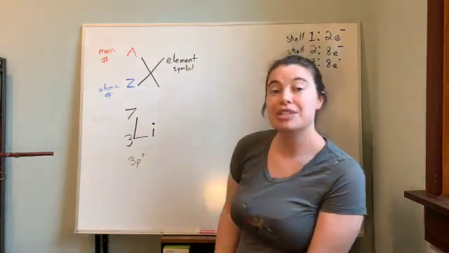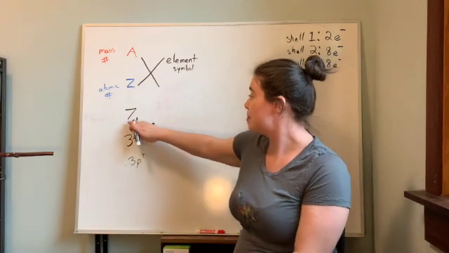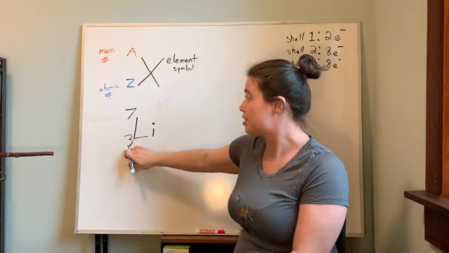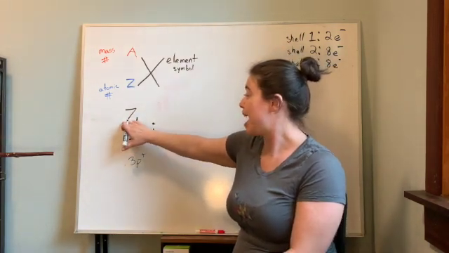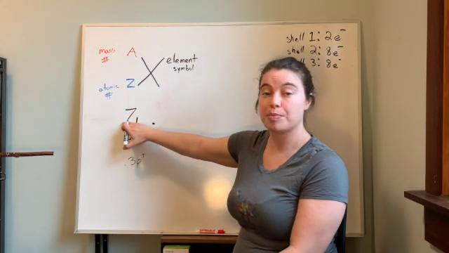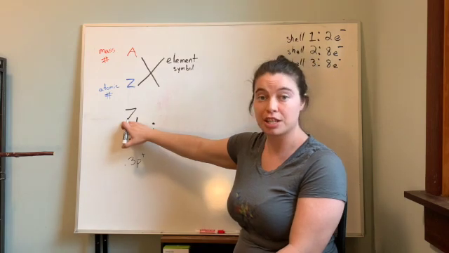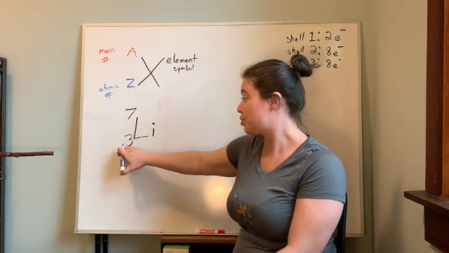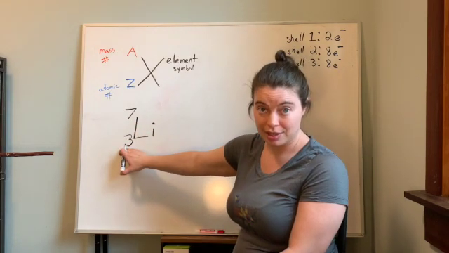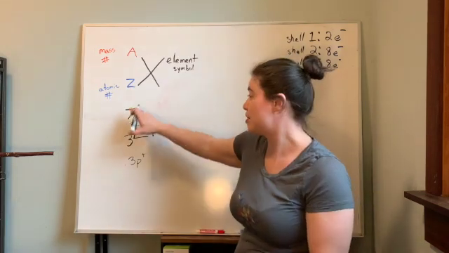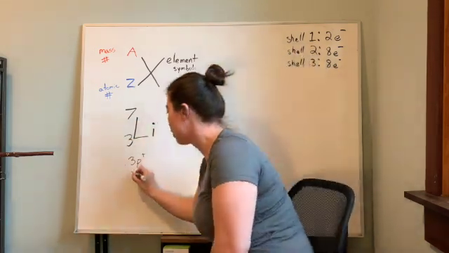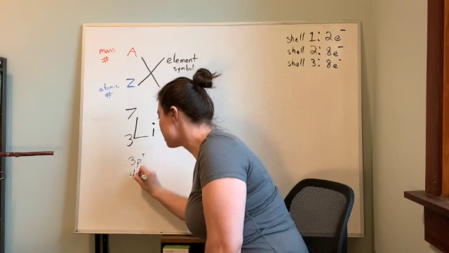We know how many neutrons it has because we have the mass number and the atomic number. And the mass is basically all of the protons plus all of the neutrons. So if we have 7 protons plus neutrons, and 3 of them are protons, the rest must be neutrons. So 7 minus 3 tells us that there are 4 neutrons present.